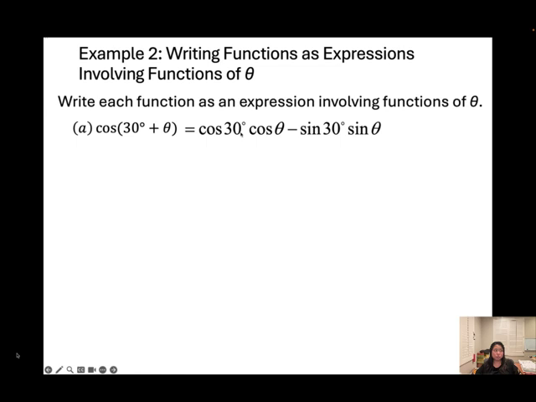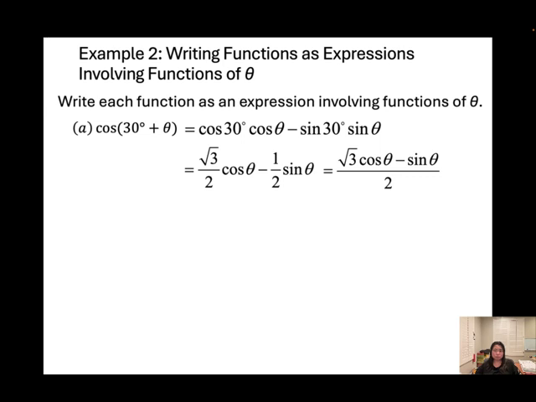That will be root 3 over 2, right? And this guy will be 1 half here. They do have the same denominator, so we could put it all together. So we are done because we want to simplify these expressions in terms of theta. Okay, B. Can you guys try? Try the B and C also.